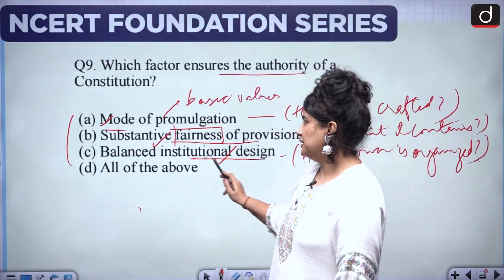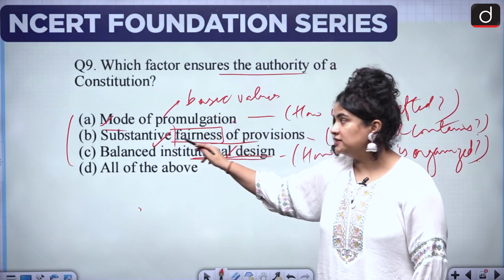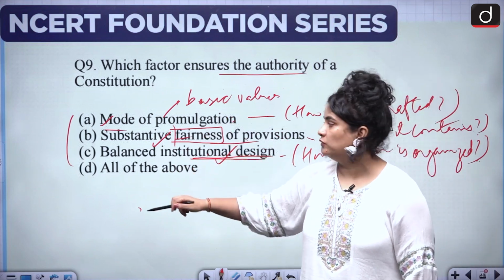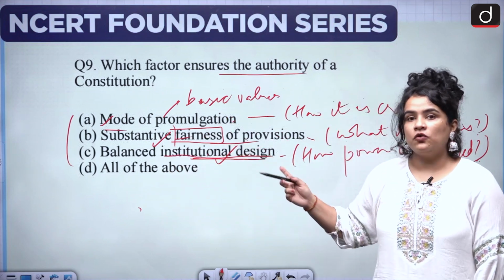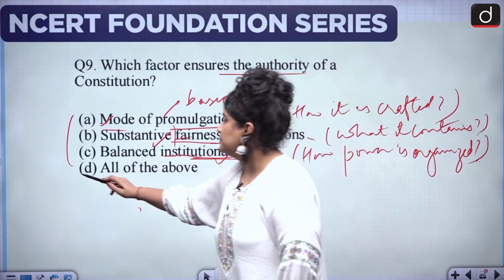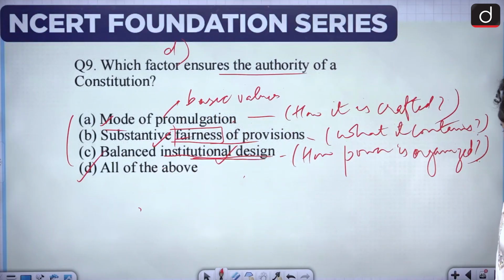These are the three things: how a constitution was framed, what the constitution contains, whether it does so fairly and for everyone, and whether or not one organ can subvert the other. And with this, we arrive at the correct answer, which is option D, all of the above.